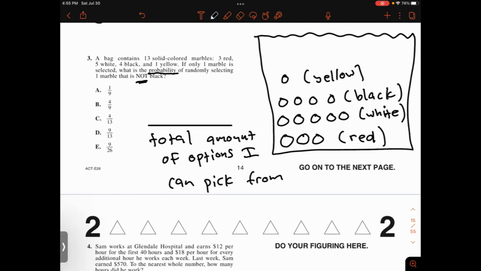And the numerator, my top of the fraction, is what I actually want. So let's look at the denominator. The total amount of options I could pick from. In this bag, the total amount of marbles I could pick from is 13. So my denominator would be 13.